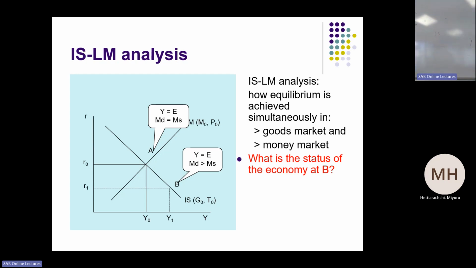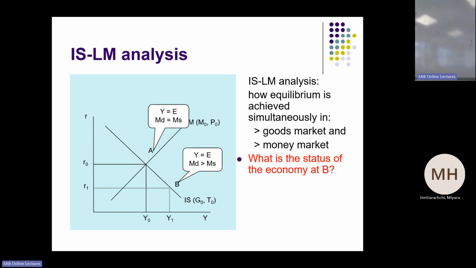Okay. And if we take point B, what happens? Point B is below the LM curve, so there is excess demand for money. And it is above the IS curve, so there is excess supply of goods.